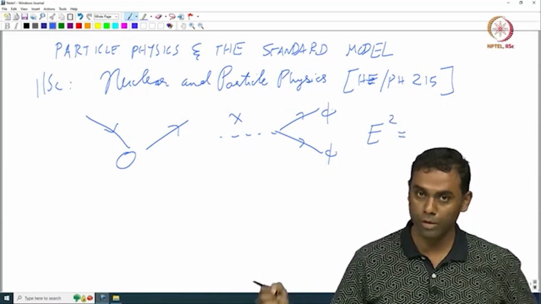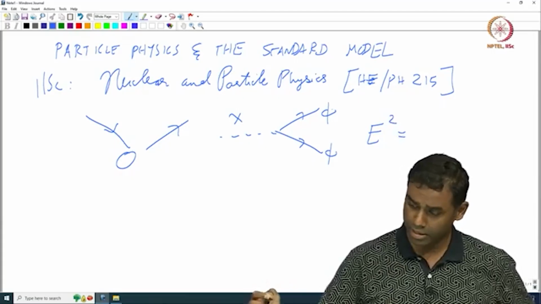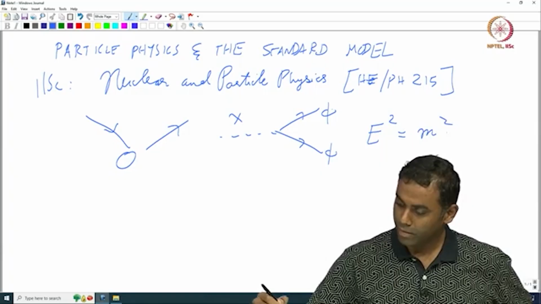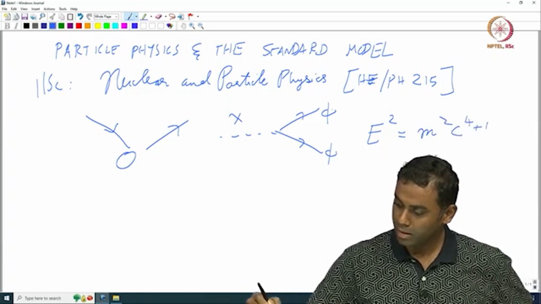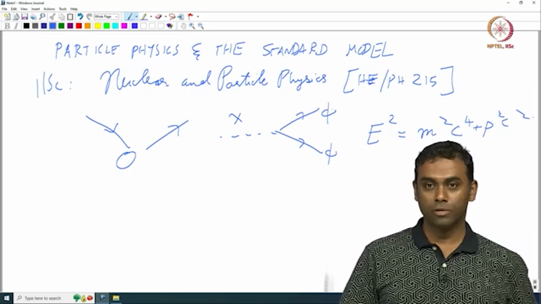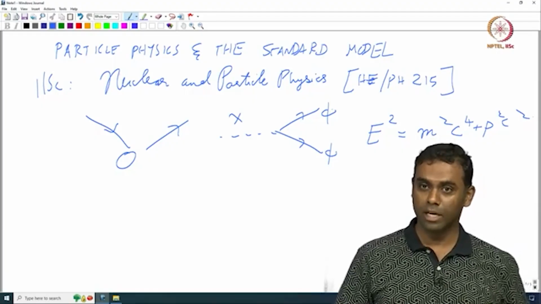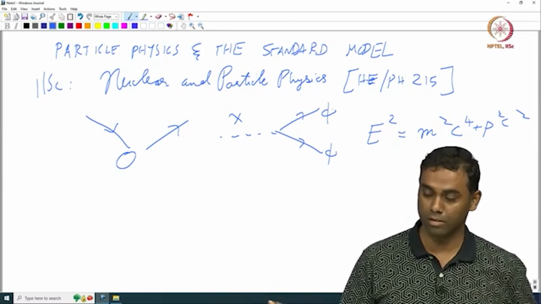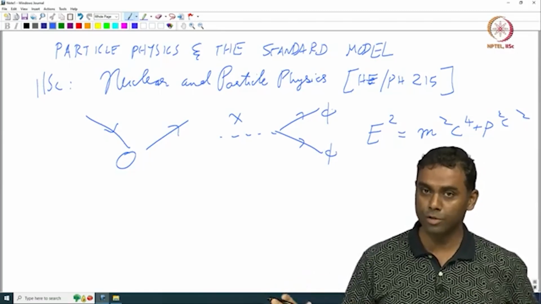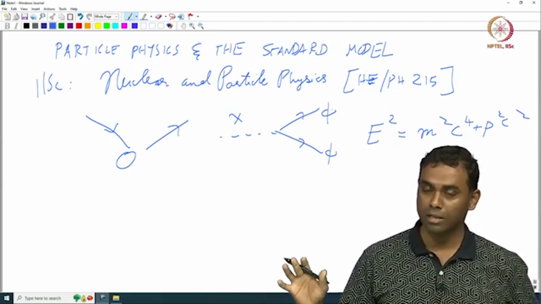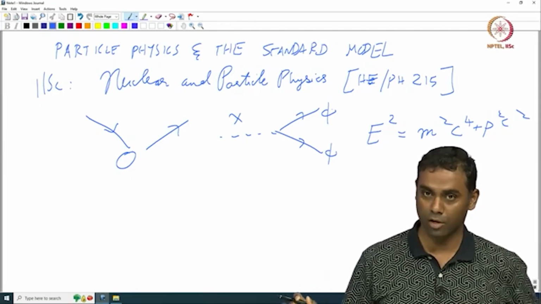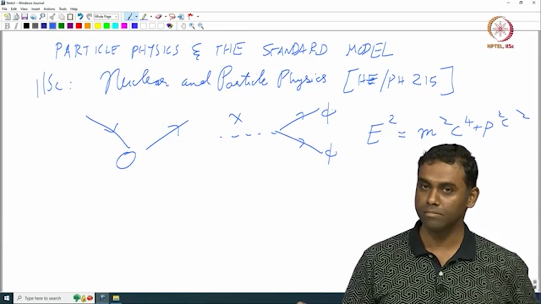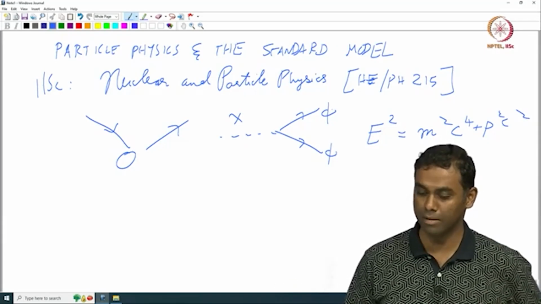In particular, you want to use Einstein's relativistic equation, you want to use this formula in various guises to understand what is going on in the initial state and final state and so on, right. So, all of this constitutes particle physics, definitely. This is but only the kinematics part of it. Okay. This is probably what you are expecting about particle physics, right.